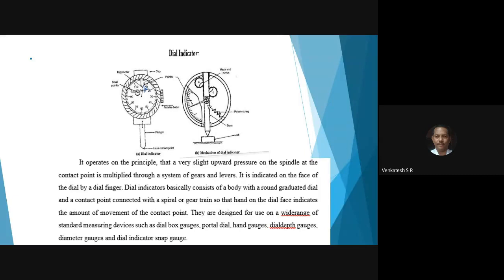All of you, please write down the question, mark it very, very important. Explain briefly. First portion of the question: What is a mechanical comparator?